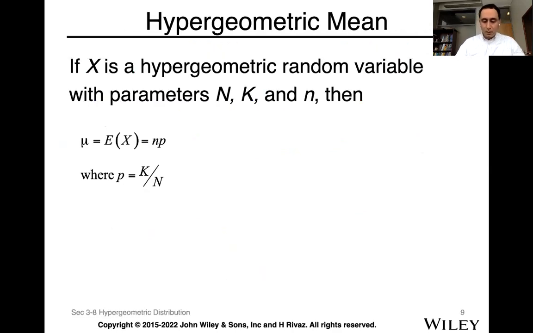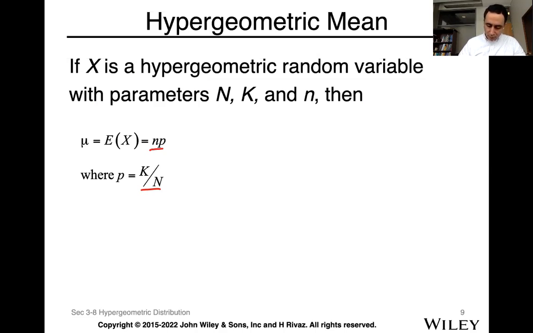So what's very interesting about the hypergeometric, in my opinion, is the mean of this distribution. So the mean is NP, where P is K divided by N, right? And let's see if this actually makes sense or not.